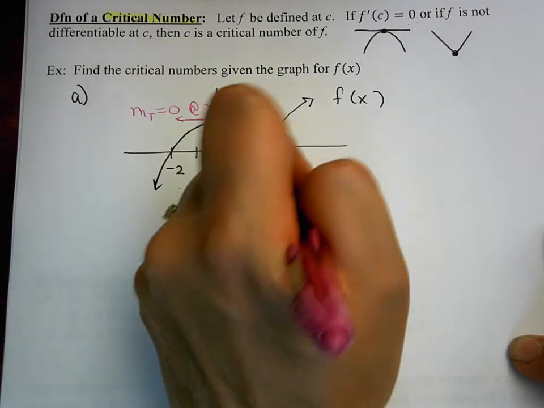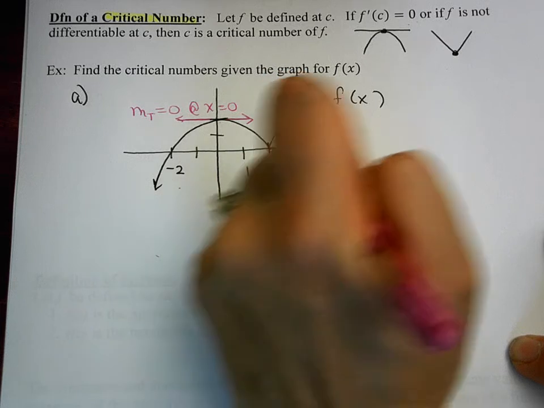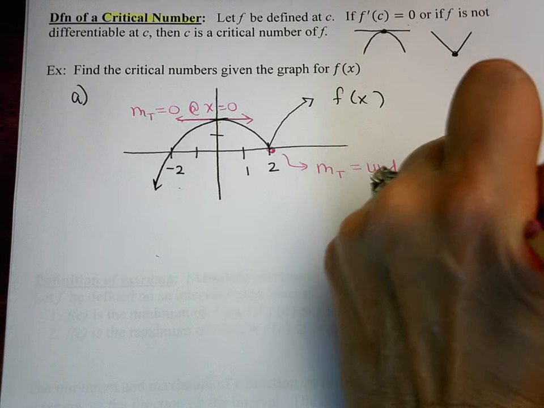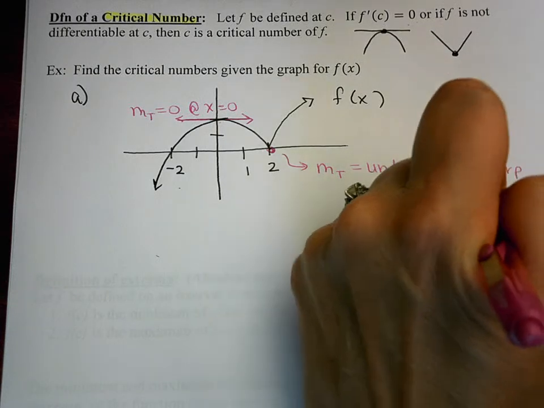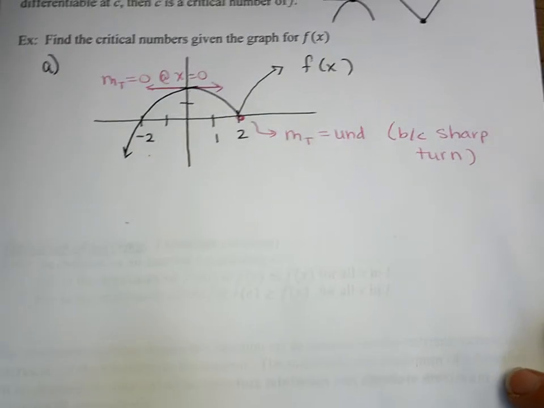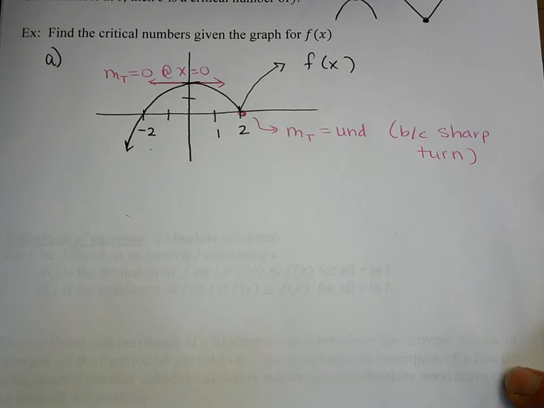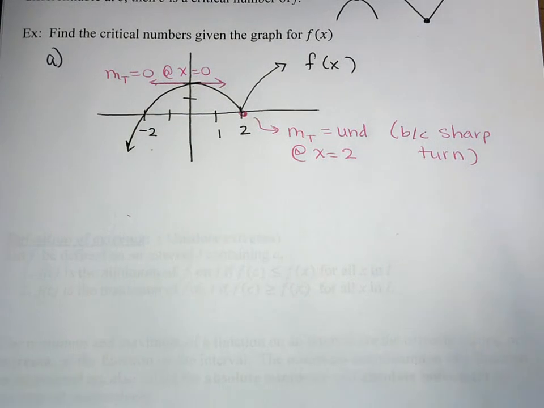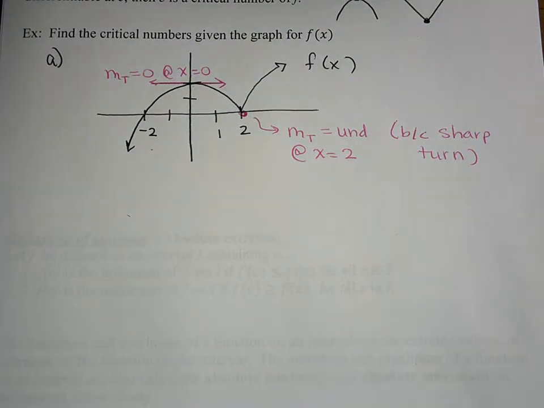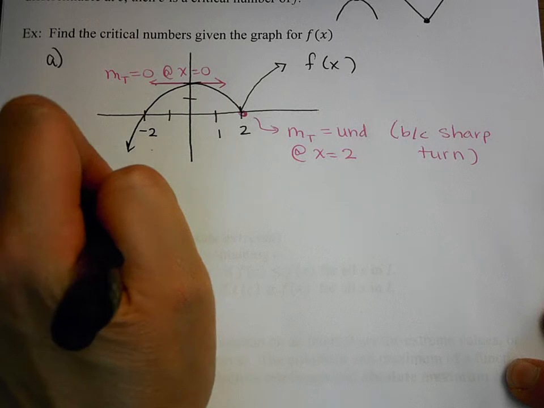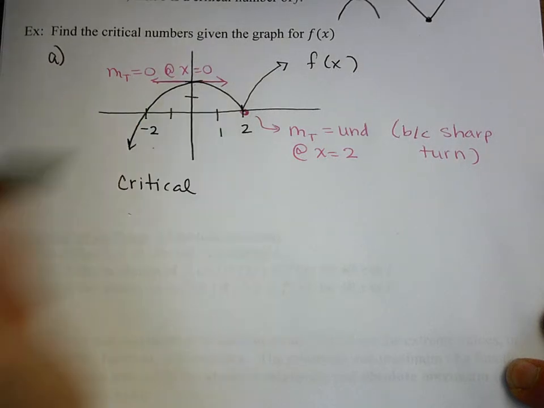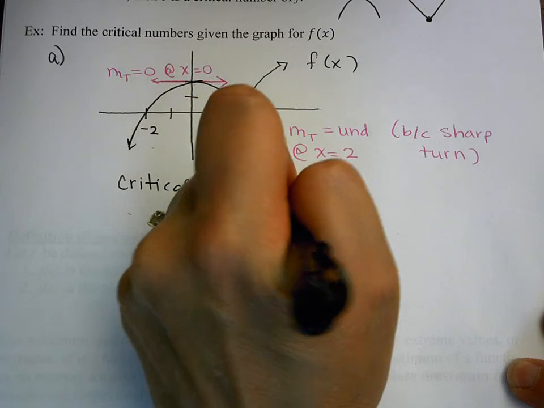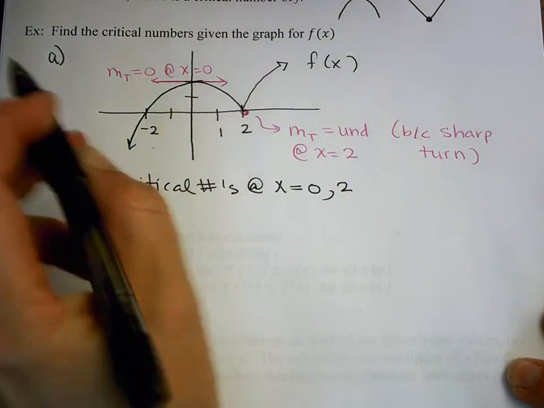The slope of that tangent is undefined because of that sharp turn, and that is occurring at x equals 2. So we have our critical numbers at x equals 0 and 2.